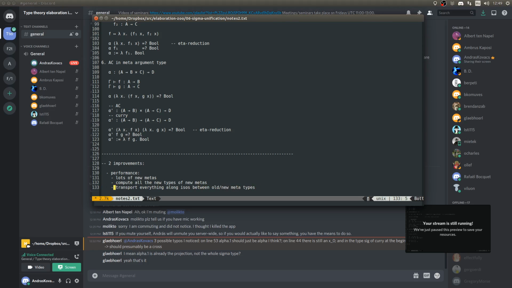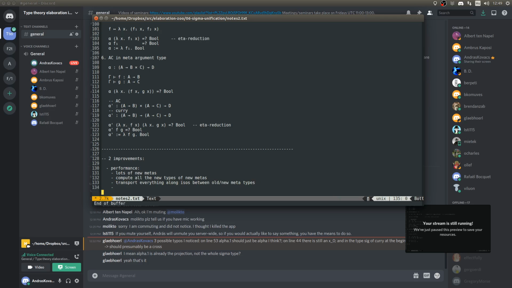And we also have to compute a bunch of types, create a bunch of new metas, transport everything along the isomorphisms, and also it is not immediately obvious how to minimize the amount of work.